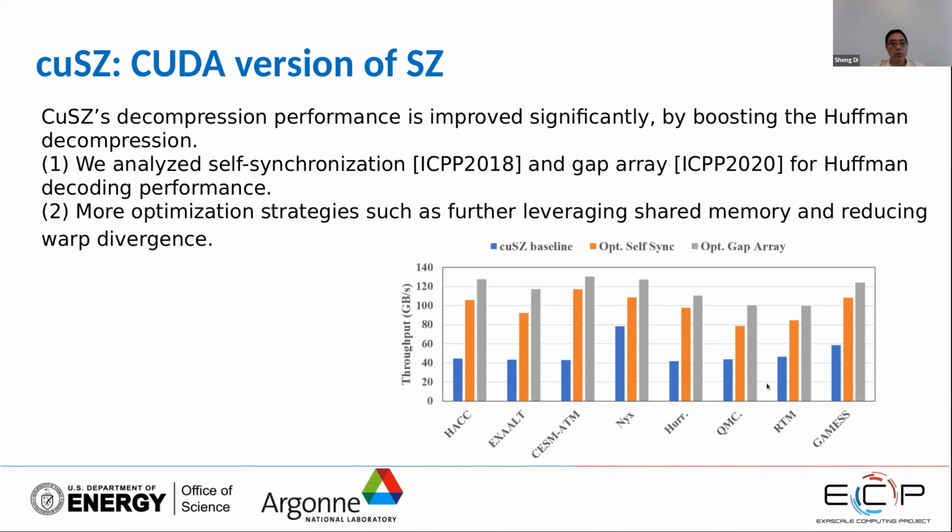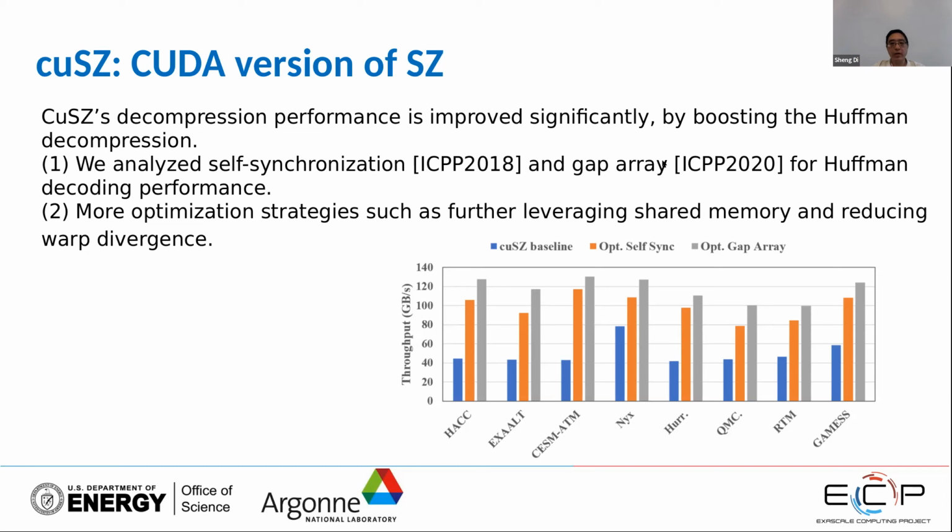Okay, so as I mentioned previously, SZx is very fast, but it suffers from lower compression ratios. So it is also important to accelerate cuSZ because cuSZ has higher compression ratios. In the past year, we also significantly improved cuSZ's decompression performance.